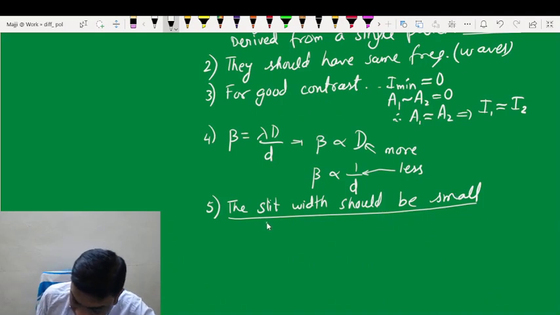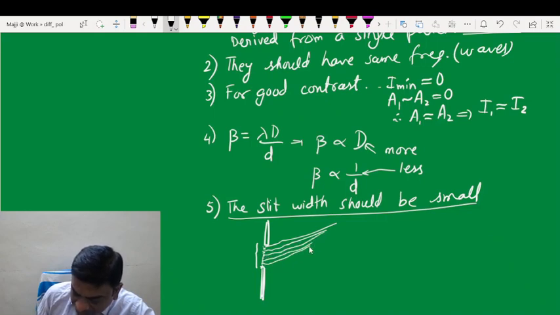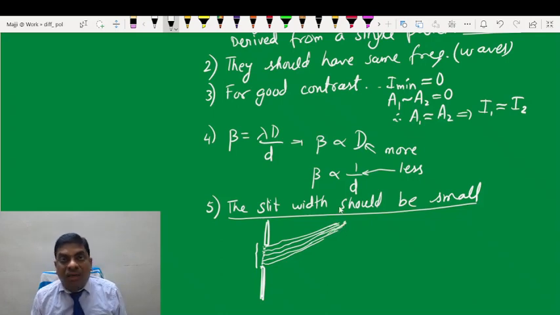Whereas if the slit width is large, let us say I'm showing one slit, you can see the width is large, then you can imagine several points on the slit width. So different points on the wavefront themselves act as sources as per Huygens wave theory. So different wavelets will start interfering, and then it will be more of a kind of diffraction rather than interference.